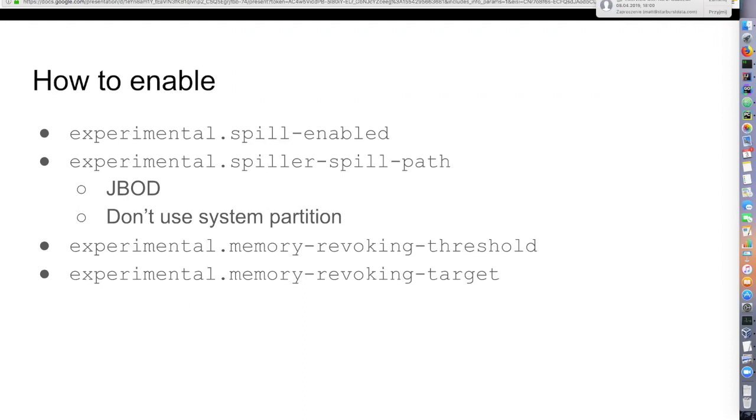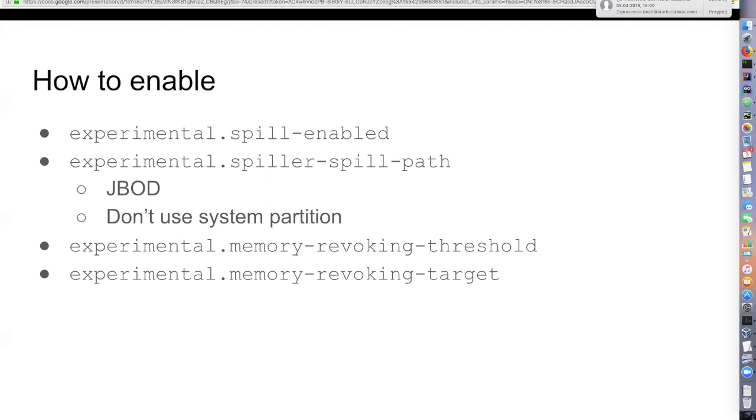Now, the last two properties, memory revoking threshold, that's the threshold when the Spill is triggered. So when you have a general pool and the memory allocations of that pool exceed that threshold, by default the threshold is 90%, then Spill will be triggered, and the spilling scheduler will try to reduce the memory usage of the pool to the target value, right?